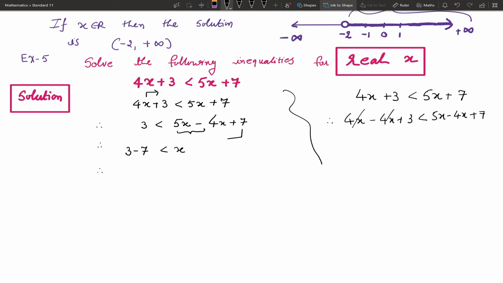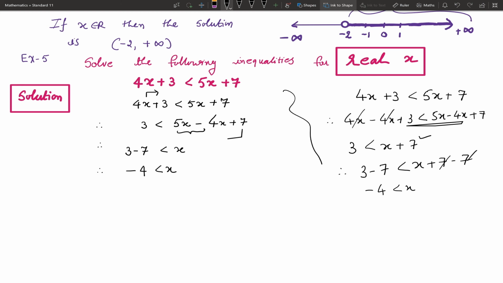So plus minus cancel, 3, 5x minus 4x, it is x. Now add the additive inverse of 7 both sides. So 3 minus 7, x plus 7 minus 7. So minus 4 less than x.